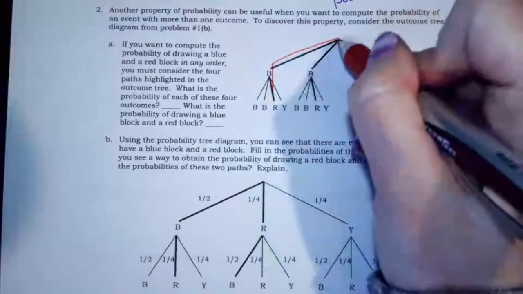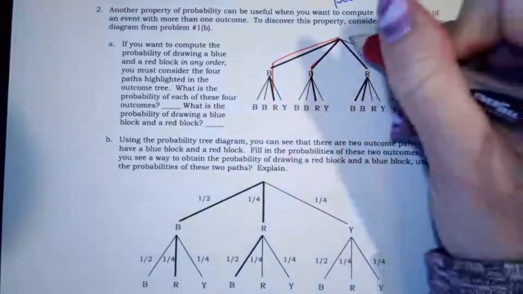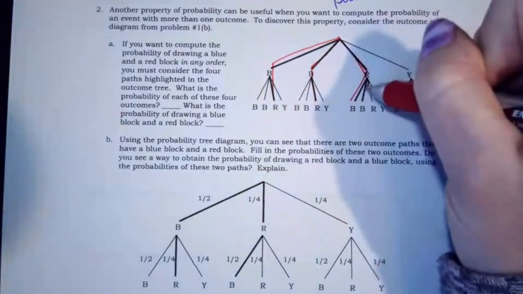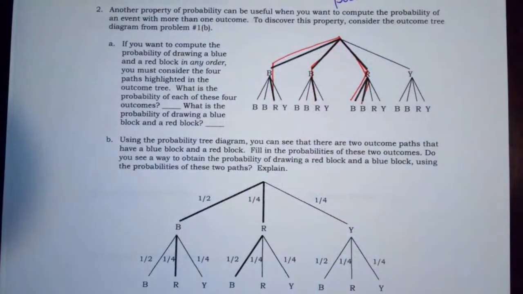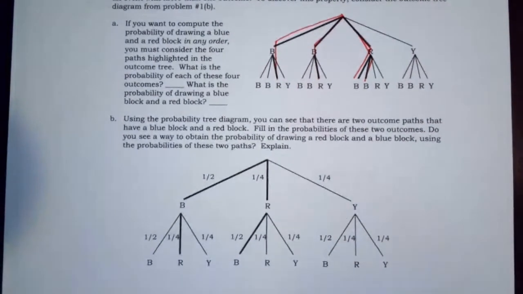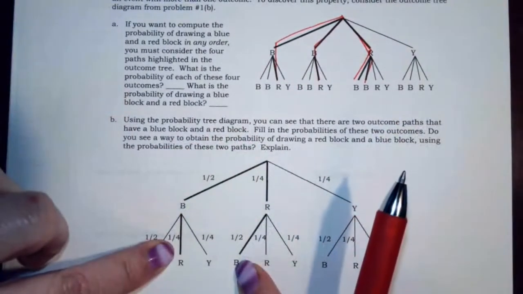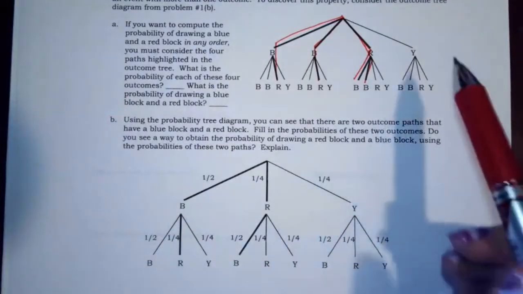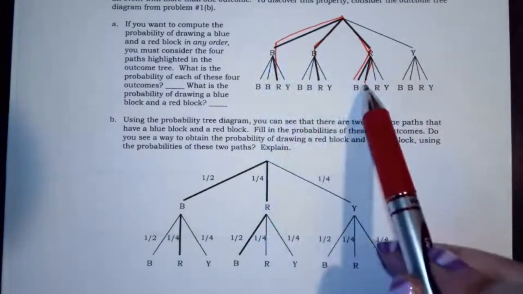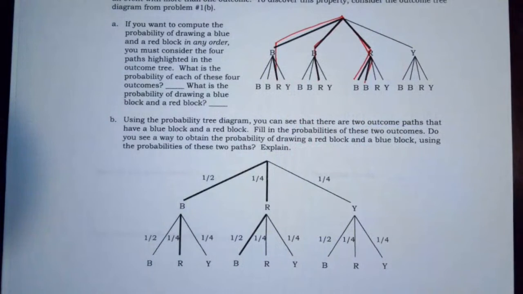There's a blue-red, there is a blue-red, there is red-blue, there is red-blue. So there are 4 different paths to consider. But if I use the probability tree diagram, I've only got 2 paths to consider because I have condensed and put those 2 blue outcomes together instead of having 2 separate branches.